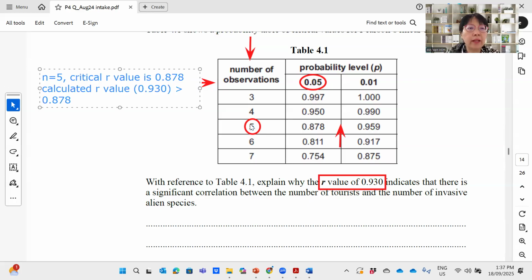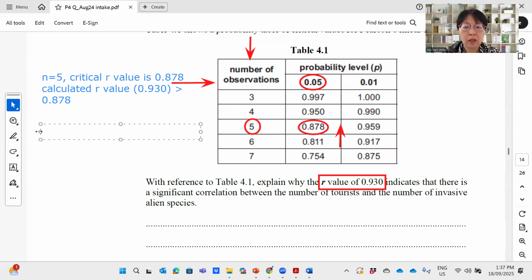Okay, so either you refer to the critical R value, which is 0.878, or you refer to 0.05. So another marking point is at 0.05. So the probability, okay, is between 0.01 to 0.05.